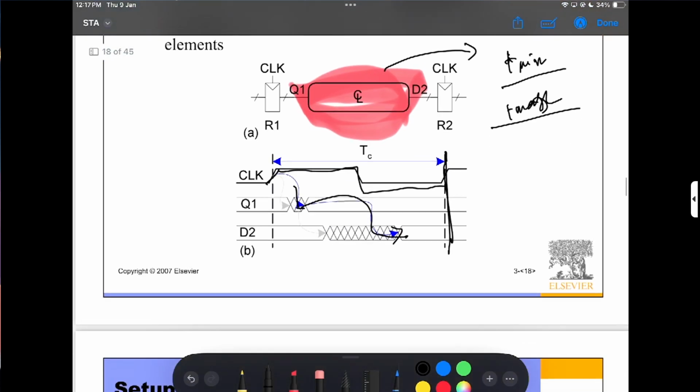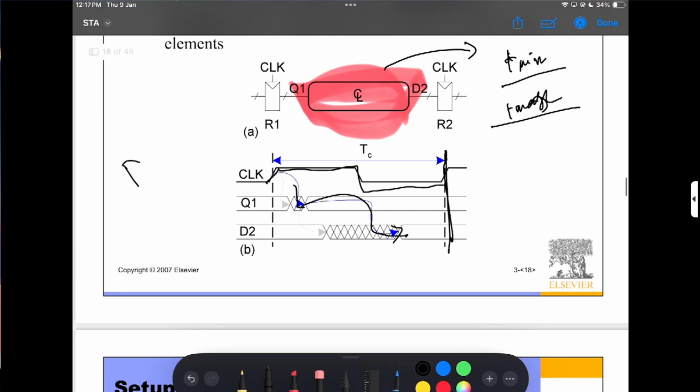Suppose my combinational circuit has this AND gate here, one OR gate, one NOT gate, and one more AND gate.